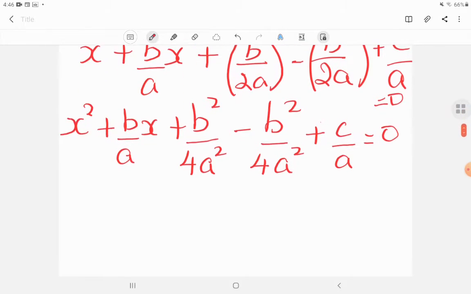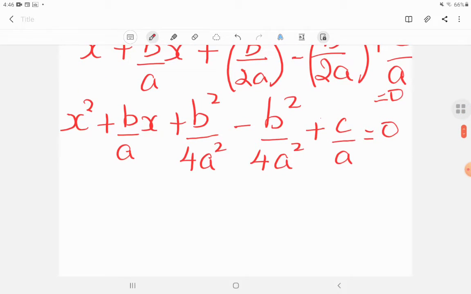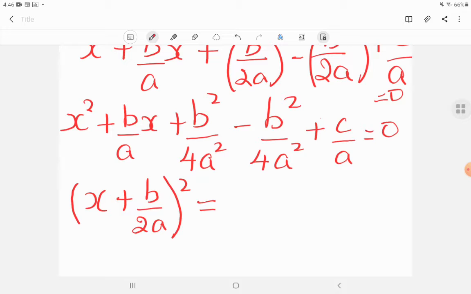Next, we convert this into a perfect square form. It becomes x plus b over 2a the whole squared, and then we move these two constant terms to the right hand side. That becomes b squared over 4a squared minus c over a.